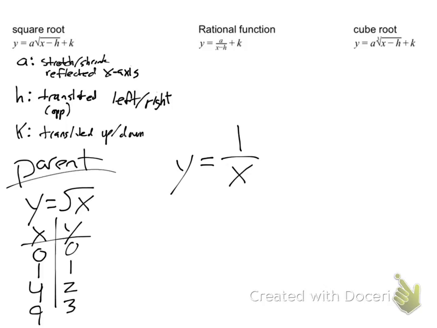They have an asymptote. Where is that asymptote going to be? It's going to be at 0. So it has an asymptote at 0. All of the parents will have an asymptote at 0.